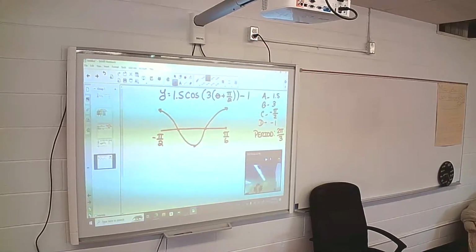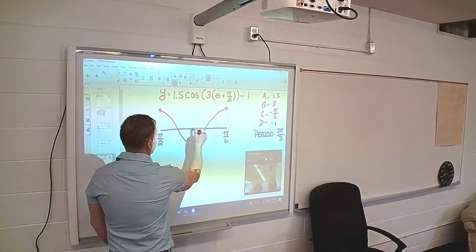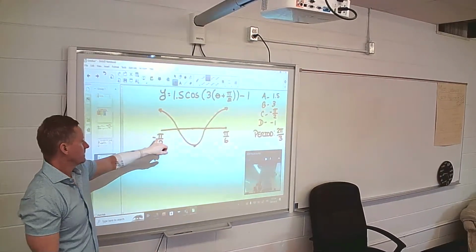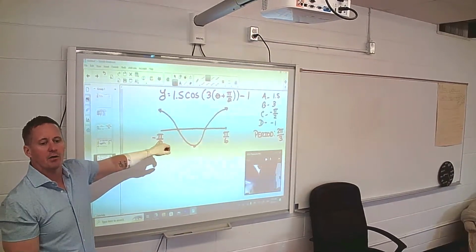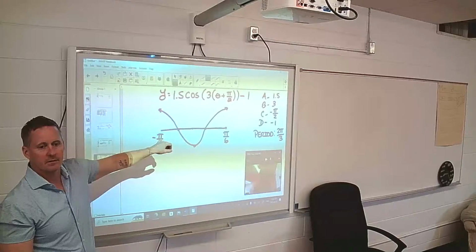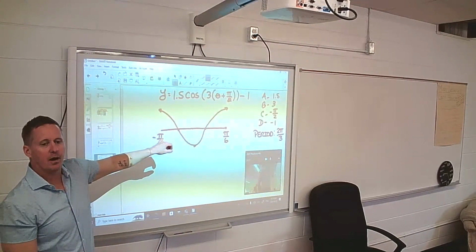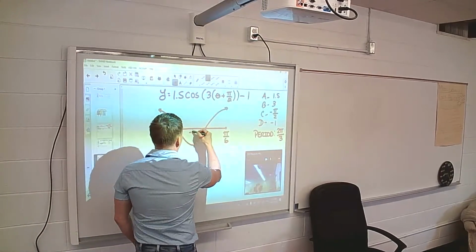The 2 on top cancels the 2 on the bottom. I'm going to add pi over 3 to that guy to get this part right here. So what was this? Negative 3 pi over 6, add 2 pi over 6 gives negative pi over 6.